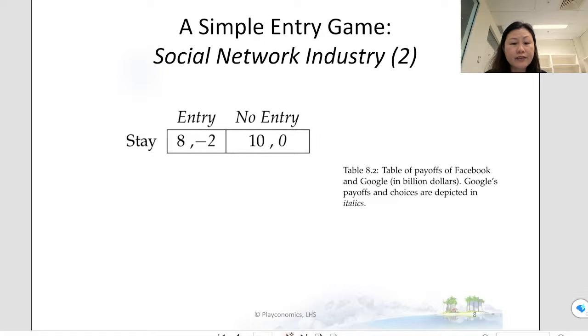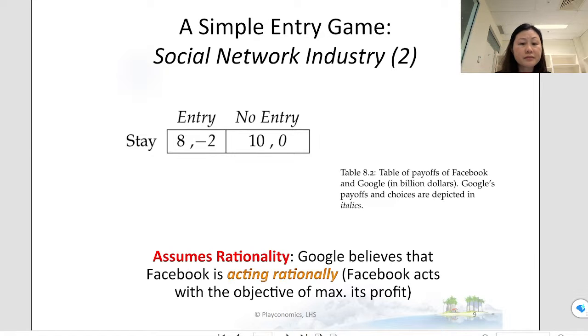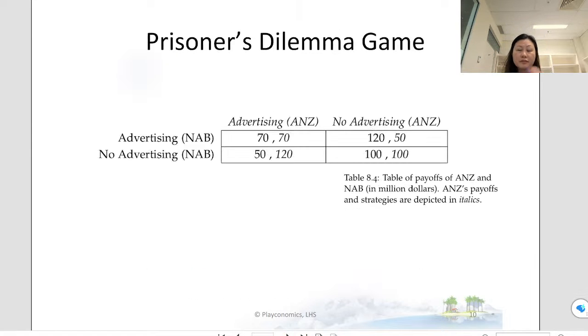Let's then have a look at the next prisoner dilemma game. The next prisoner dilemma game talks about advertising between the banks.